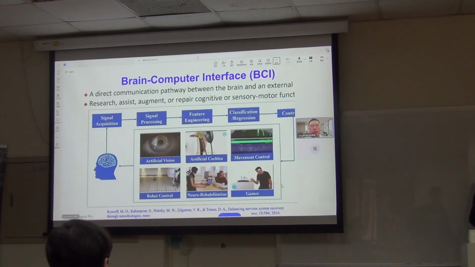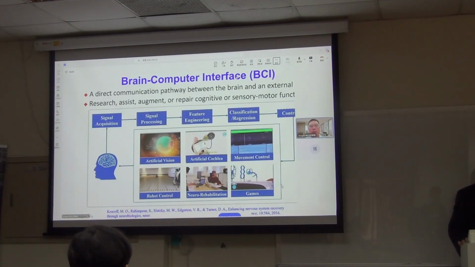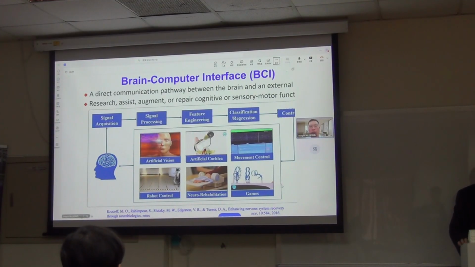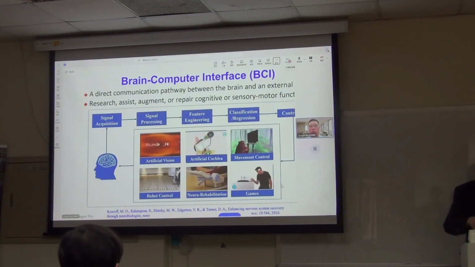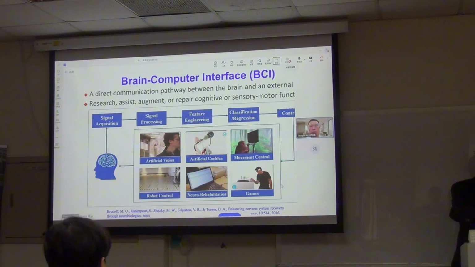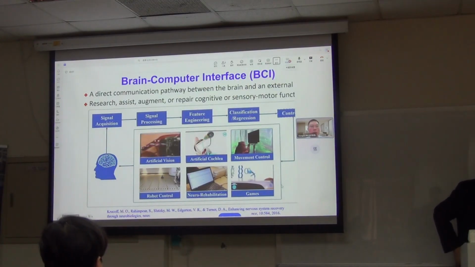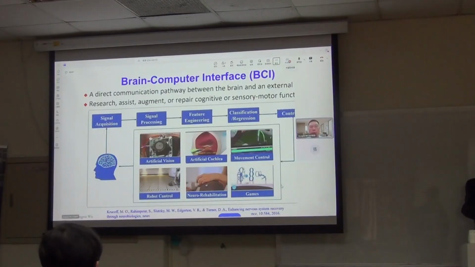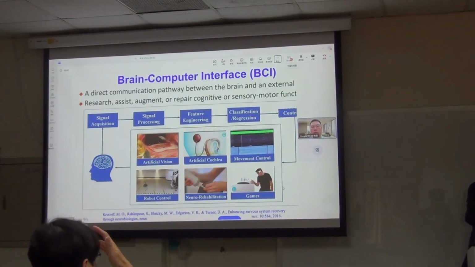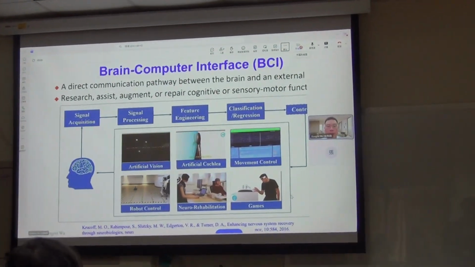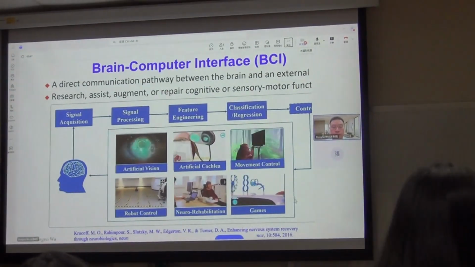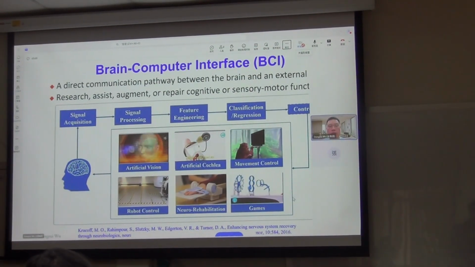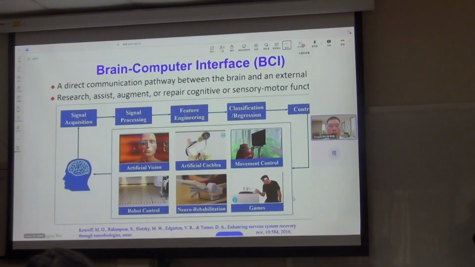A brain-computer interface is a direct communication pathway between the brain and an external device, which could be a computer, a robot, etc. It can be used for research, assist, augment, or repair cognitive or sensory-motor functions. This is a flowchart of a closed-loop BCI system.